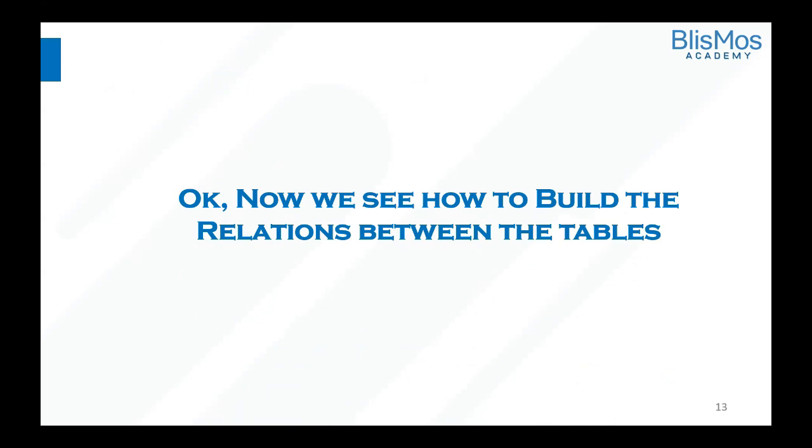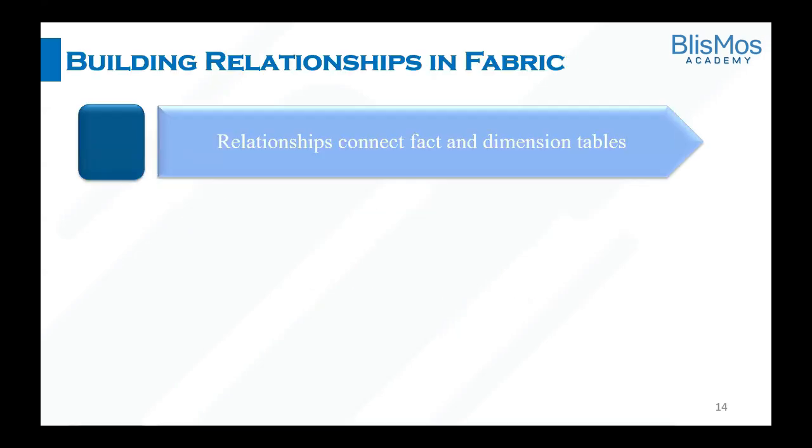Now that we understood the important aspects of the semantic model, let us understand how we build the relationship between the tables. When we say building the relationships, what we are trying to do here is establish the relationship between the most important basic core tables of a data warehouse. They are fact tables and dimension tables.